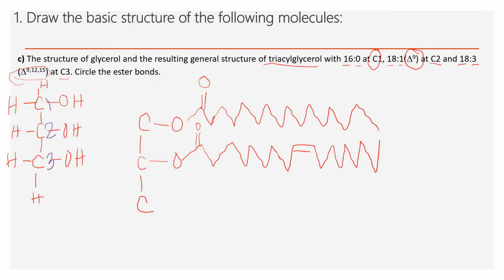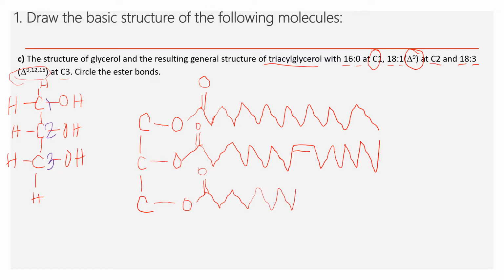The last one is at carbon 3, we have 18 with 3 double bonds at locations 9, 12, and 15. So that's 1, 2, 3, 4, 5, 6, 7, 8, 9.